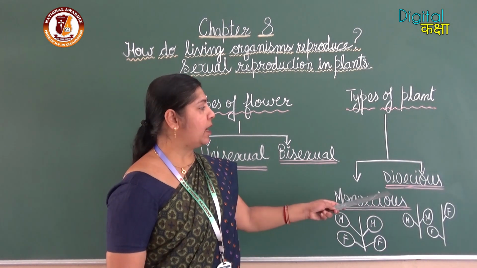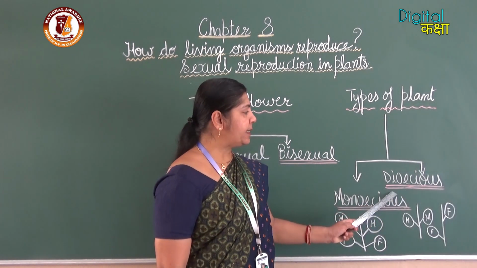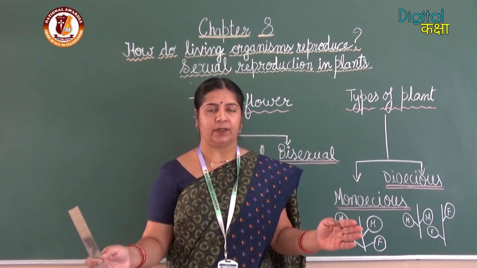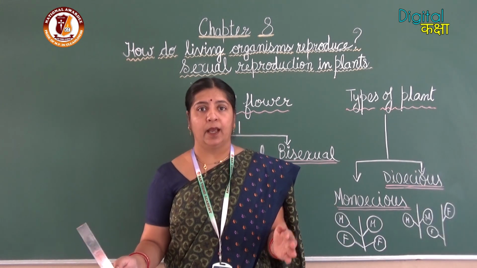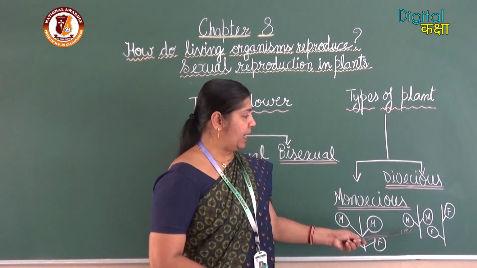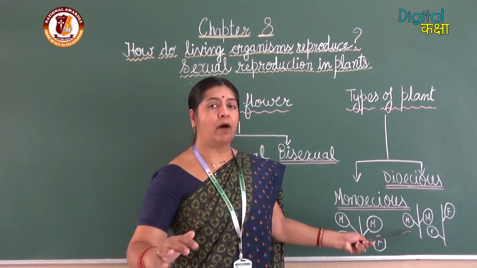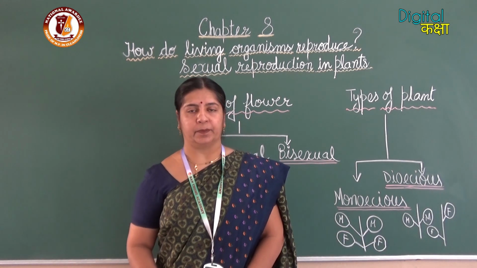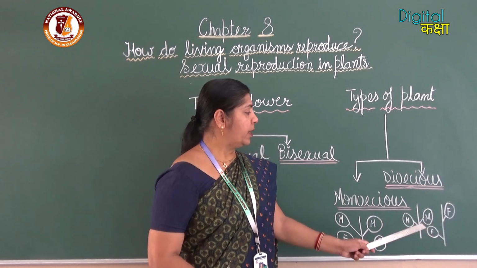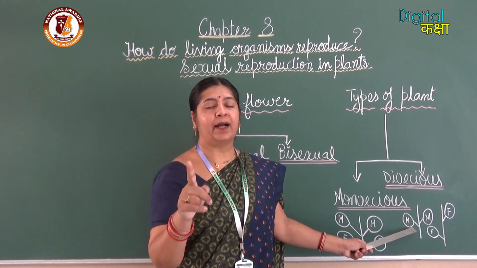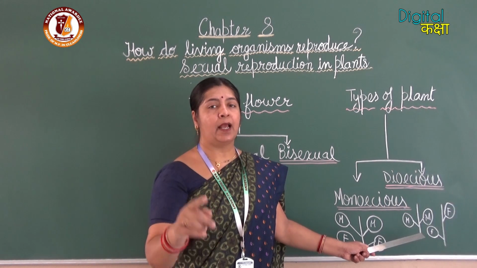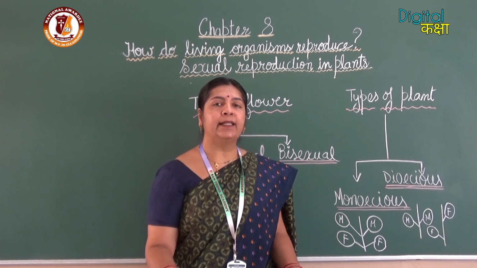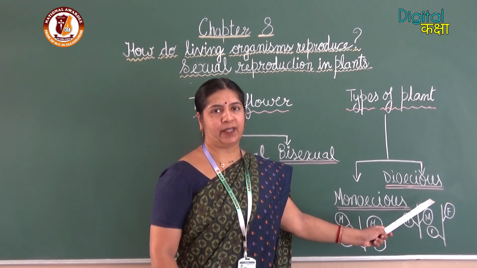The second type of plants are the dioecious plants. Di stands for two, meaning on two different plants of the same species, one plant may have only male flowers and another plant will have only female flowers. If on one plant only male flowers are present and on another plant only female flowers are present, then we call it dioecious.